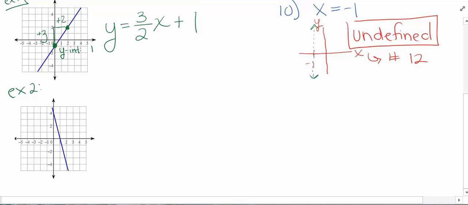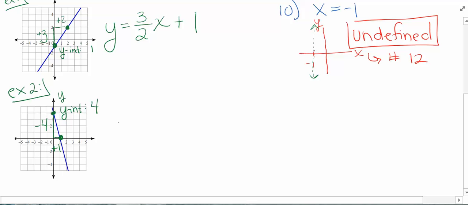Okay, for this next one, it's kind of similar, so example 2. You don't have to know this yet, we'll go over it when we get to that point. But again, it looks like our starting point on our y-axis is going to be at 4, and then the steepness of our line. And here our slope, our line is going down. So we have to go down 1, 2, 3, 4, and over 1.